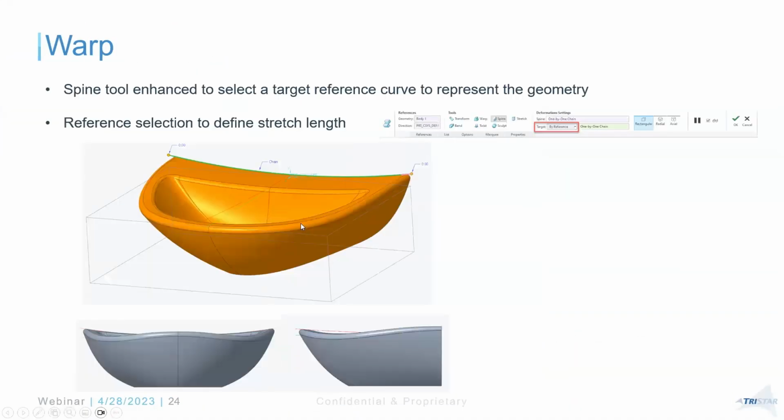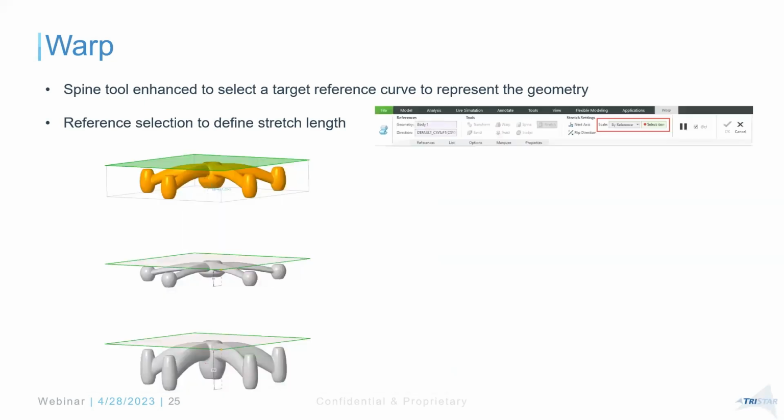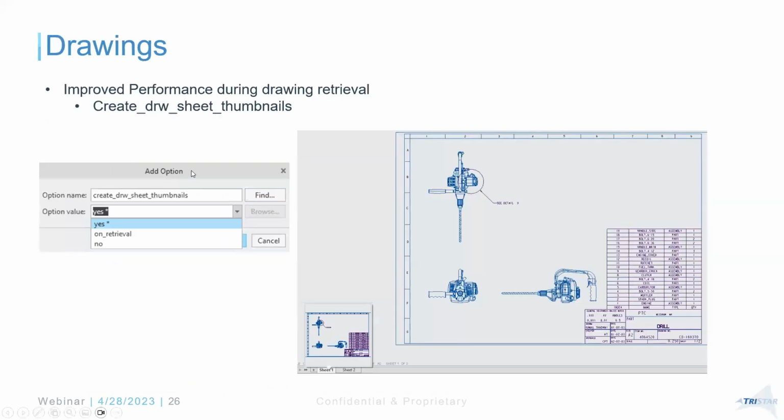So let me get back to this. All the rest of it are some surfacing and a few examples. We're a minute over here, but I'll just go through these. There are some minor improvements in drawings. There's really no enhancement per se, but you should see better performance when you retrieve large assembly drawings, because the config option create_drawing_sheet_thumbnails, which was there before, has been set to yes.